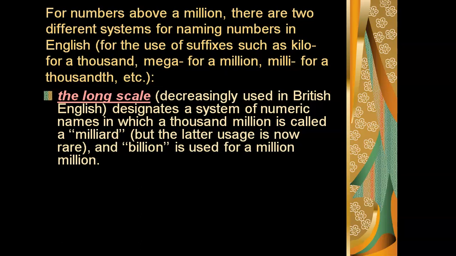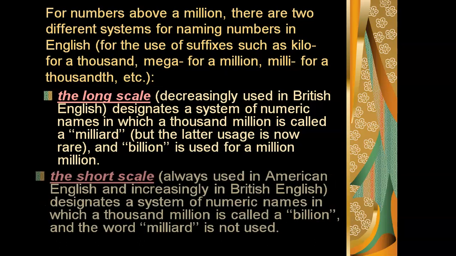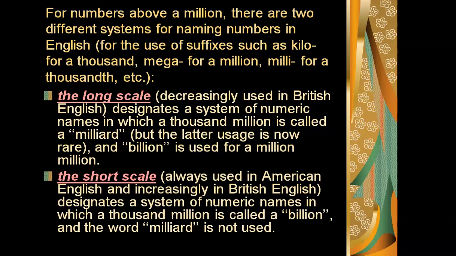But the latter usage is now rare, and a billion is used for a thousand million. The short scale, always used in American English and increasingly in British English, designates the system in which 1,000 million is called a billion, and the word milliard isn't used.